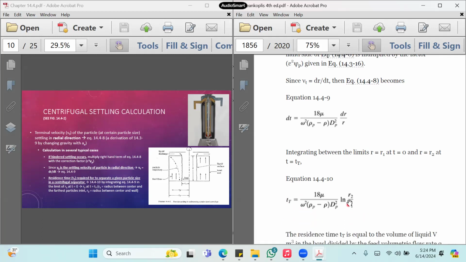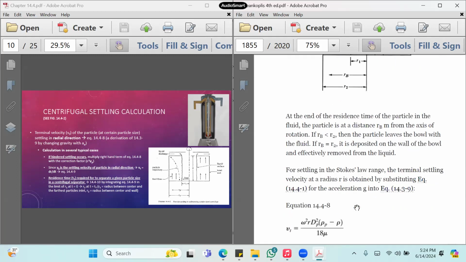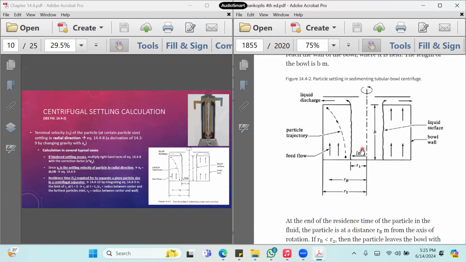So what are R2 and R1? We go back to figure 2. R2 is the radius of the vessel, between the center line and the wall of the vessel. R1 is the radius between the center and the liquid, or the mixture interface.